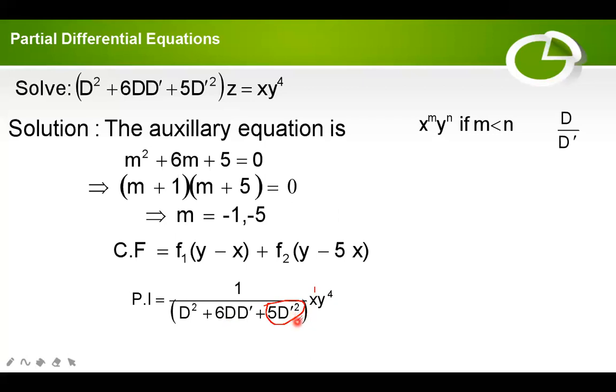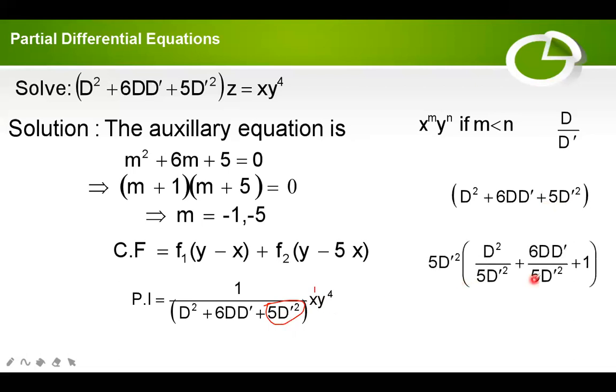In this D square plus 6 D D dash plus 5 D dash square, take this value common and make it in the form of 1, this by this value and this by this value. Cancelling, we will get 1 plus D square by 5 D dash square plus 6 D by 5 D dash.